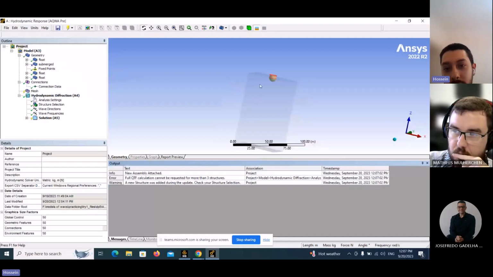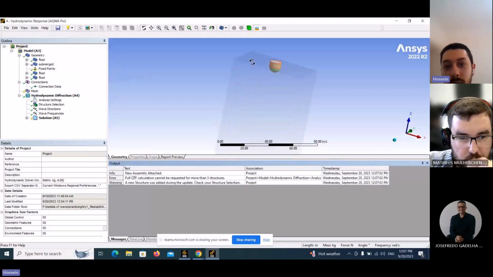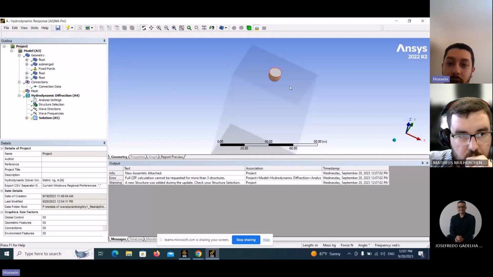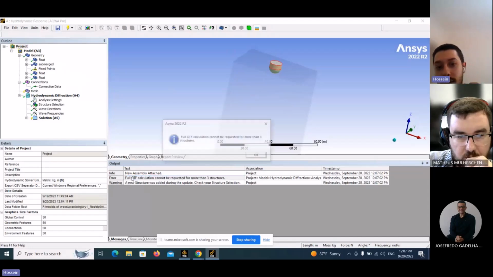And now you can see that we didn't put the share topology on share, and we have three surfaces on one component. And now you can see that it shows us the red lines and the QTF matrices.